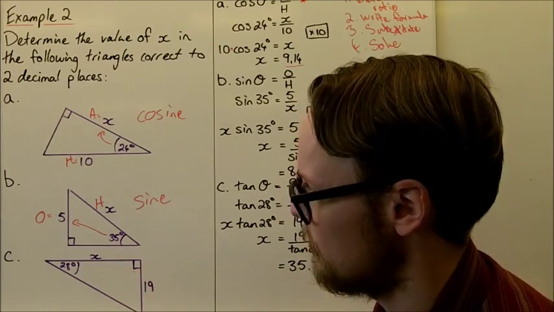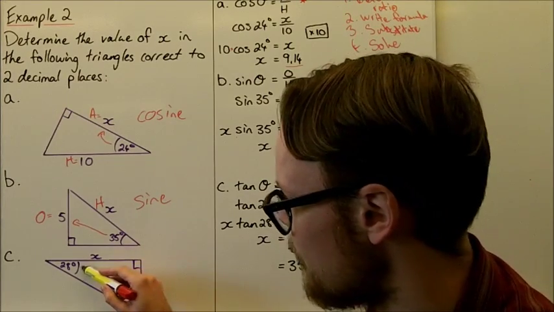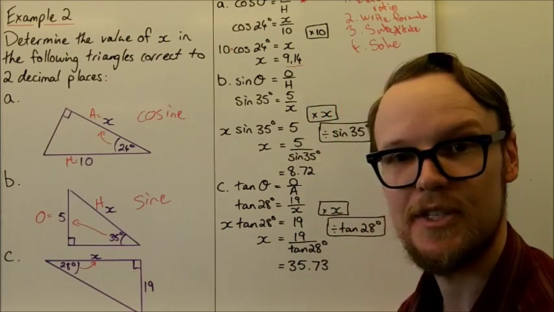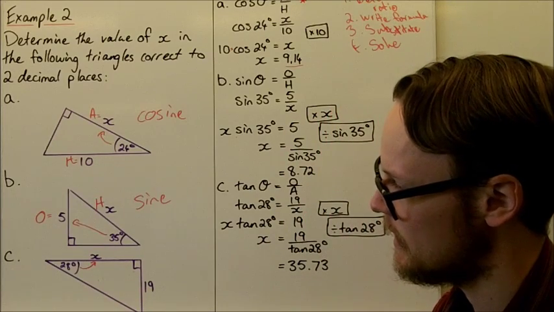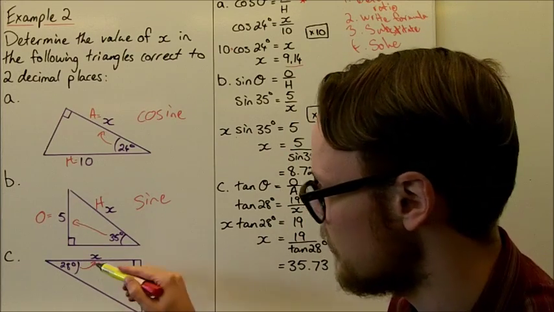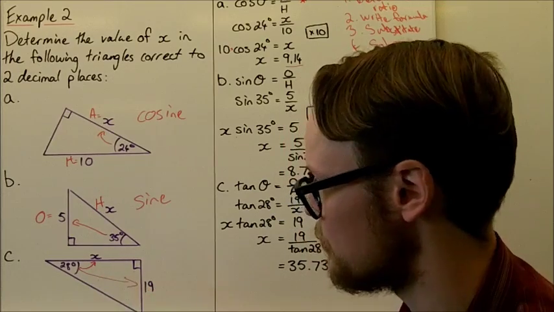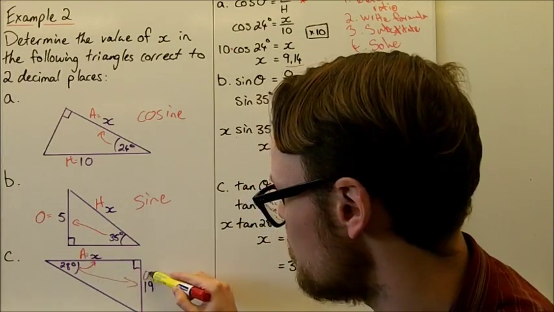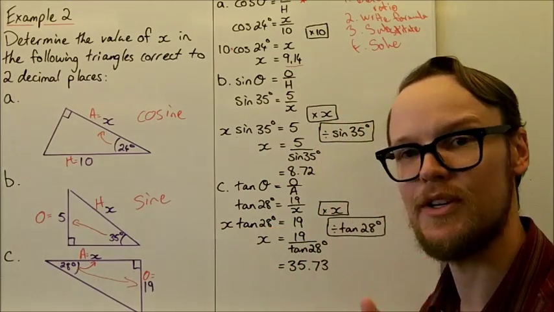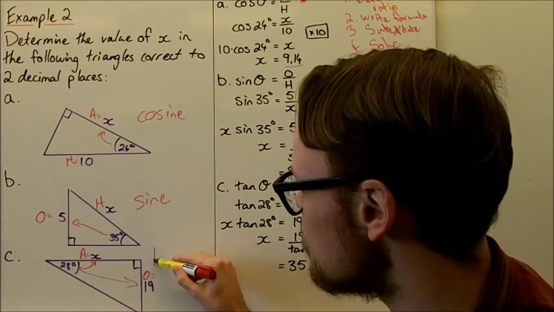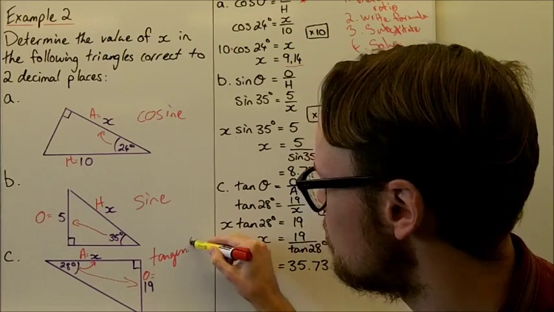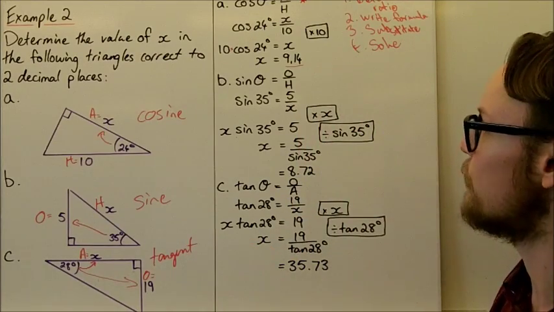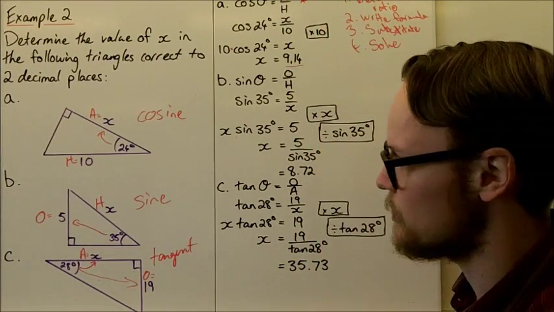In our last example, we have the side adjacent to our angle, and we've got our opposite side. Because we've got adjacent and opposite, we need to use the tangent ratio. So there we've determined the ratio we need to use.